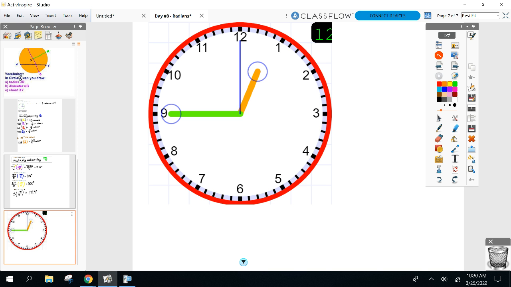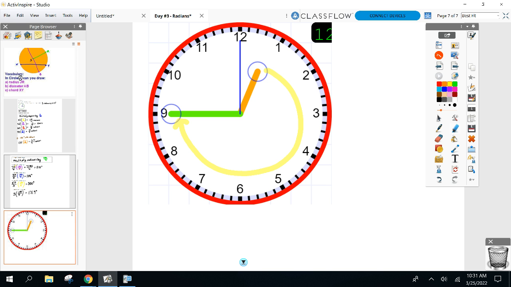And just so we're clear, I'm asking for the angle from 1 to 9 right now. So this angle right here, how many degrees? How many radians? Okay? That's what I'm looking for, that angle. How many degrees are in a circle again? Is this less or more than 360? Less, right?